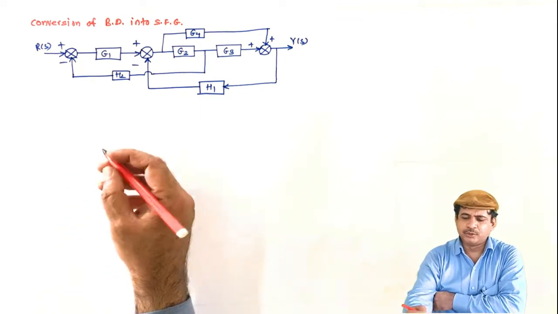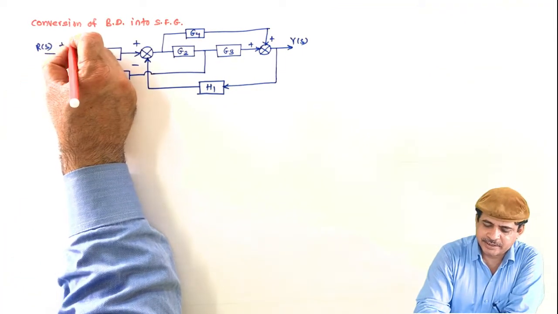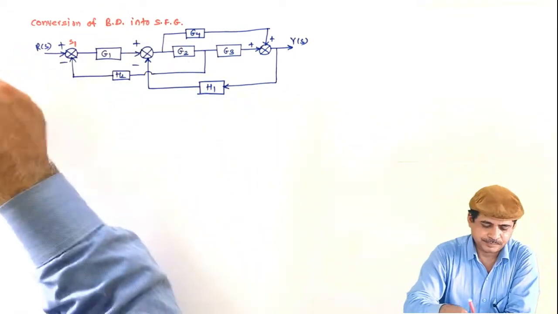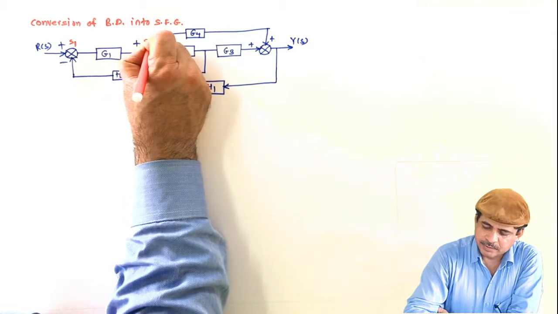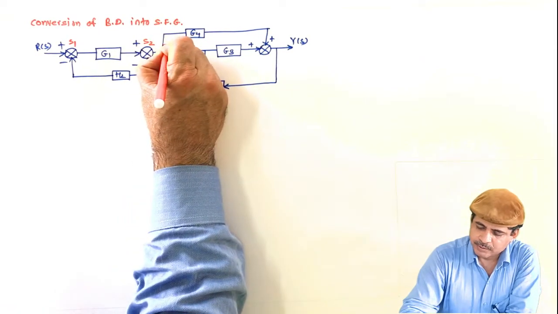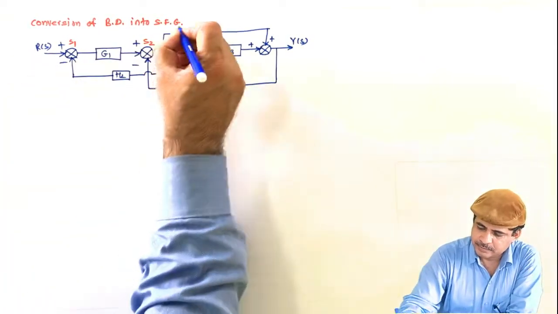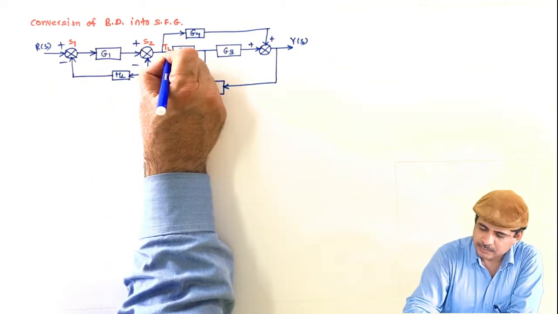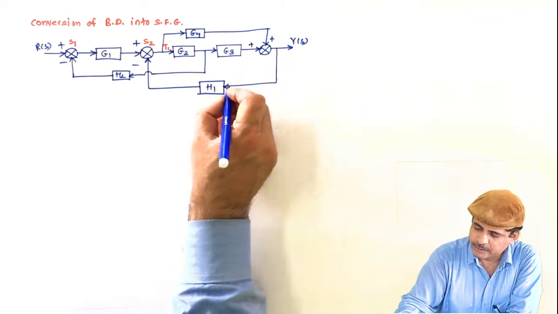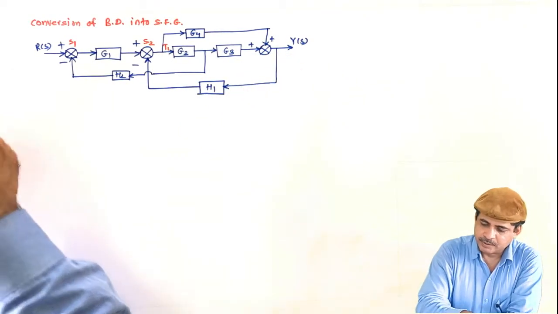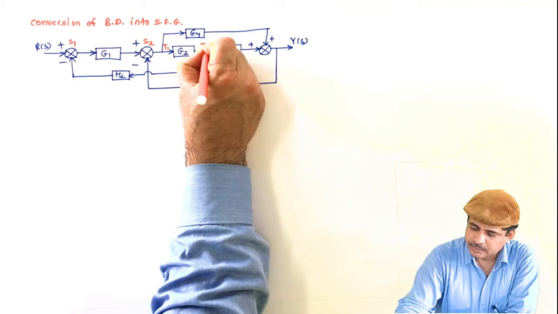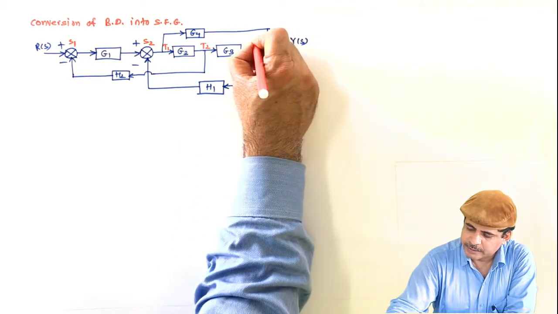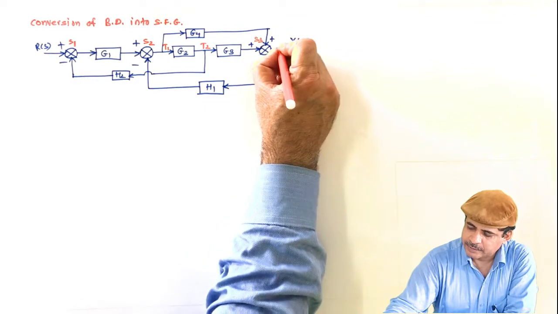So if it is possible to convert it into a signal flow graph, yes, it is possible. What we have to do, mark all summing points and takeoff points. So let this be S1, S2, T1, don't forget to put the arrows, T1, T2, then S3 and T3.